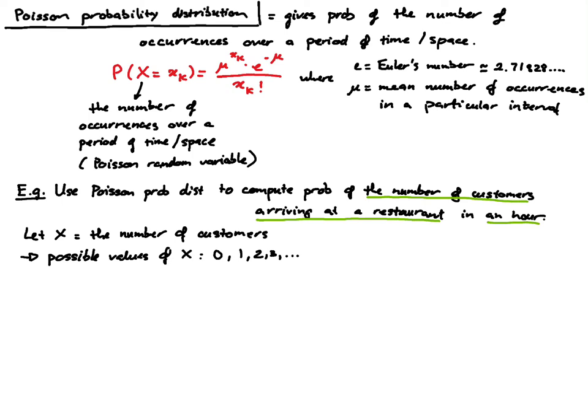You may have 50 people, 100 people, or 1,000 people show up in an hour. It's unlikely, but it's not impossible.